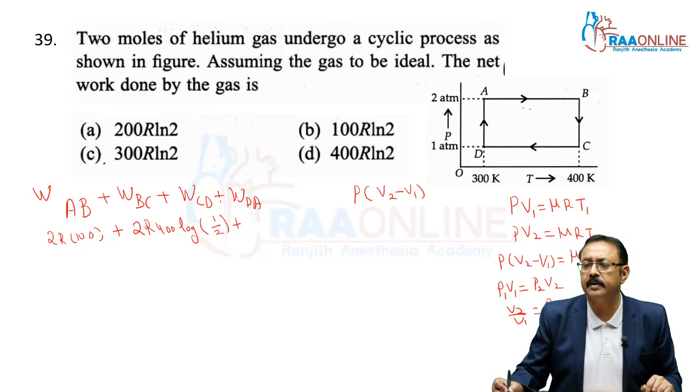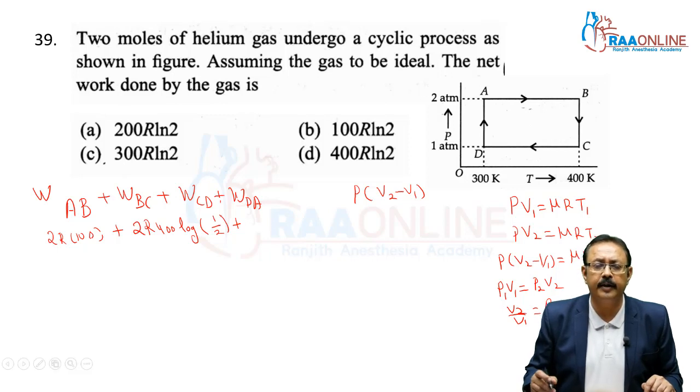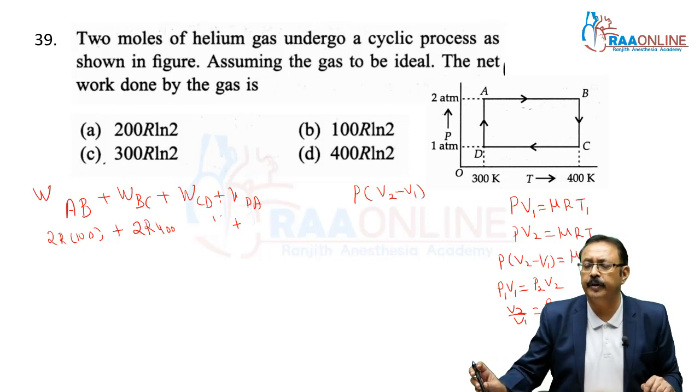B to C means temperature was constant, 2R into 400.